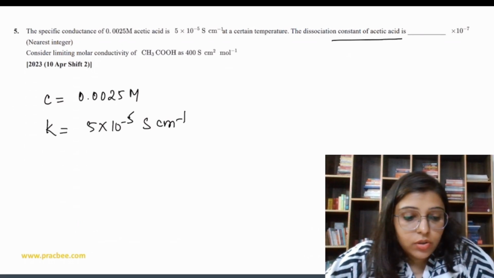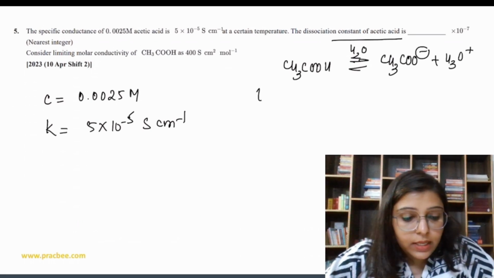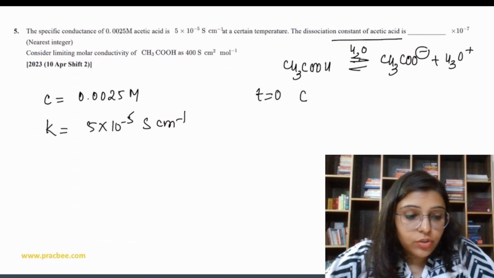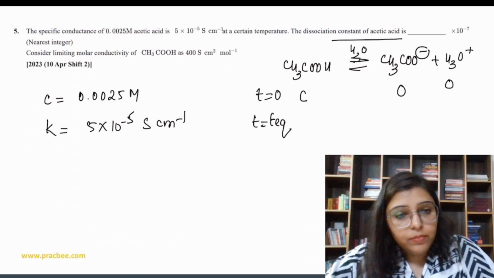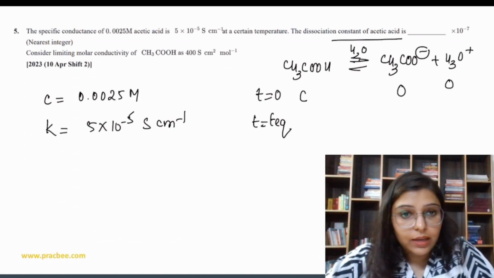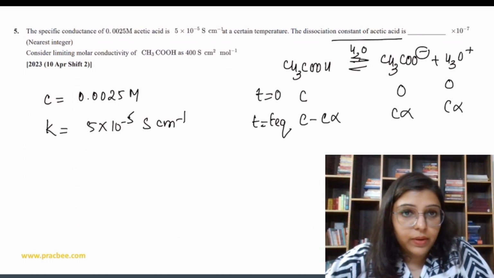So the dissociation constant for acetic acid, CH3COOH: if we add water, it dissociates into acetate ion and hydronium ion. Suppose at T equal to 0 we have C concentration, then 0, 0, then at equilibrium. Because it's a weak acid, we have to apply the ionic equilibrium concept. So this is going to be C minus C alpha, C alpha, C alpha.